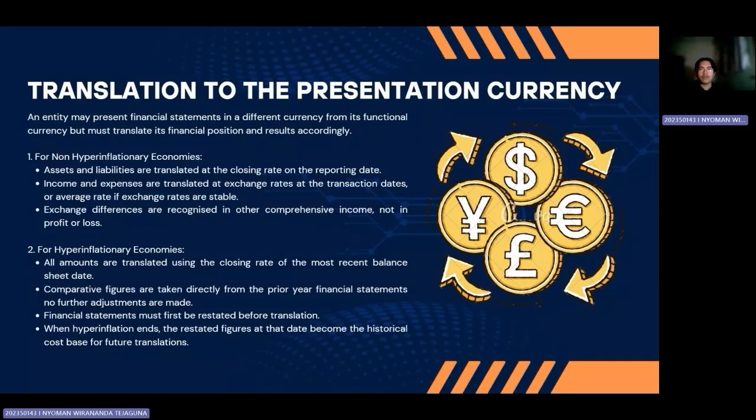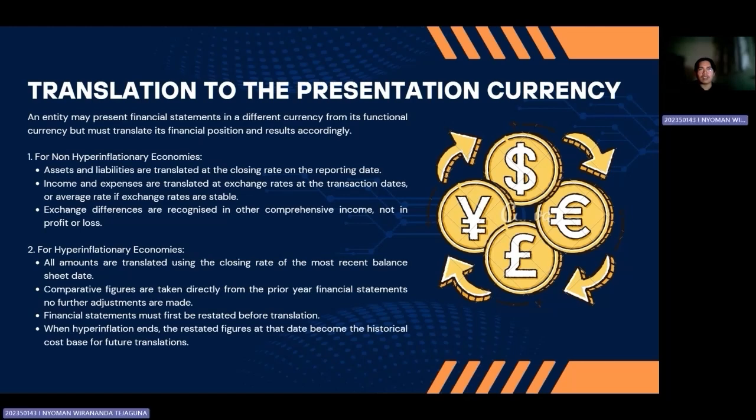Translation to the presentation currency. Under IAS 21, for entities in non-hyperinflationary economies, assets and liabilities are translated at the closing exchange rate at the reporting date. Income and expenses are translated at the rate on the transaction date, or an average rate if exchange rates are stable. Any resulting exchange differences are recorded in other comprehensive income, not in profit or loss.